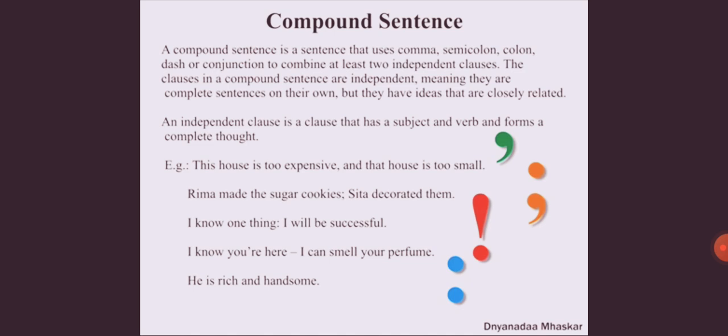He is rich and handsome. In the above examples, you can see the use of comma, semicolon, colon, dash and a conjunction. Many a times the compound sentences are written as shown in the above examples.